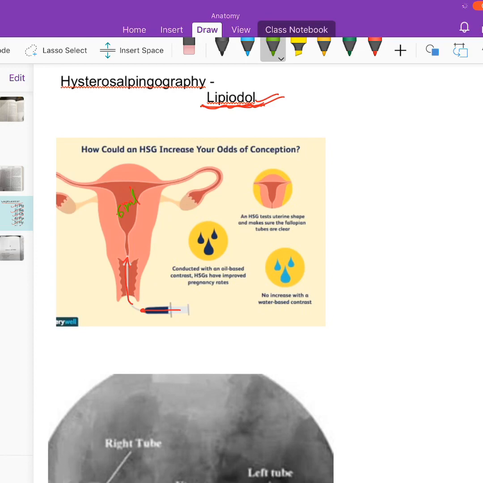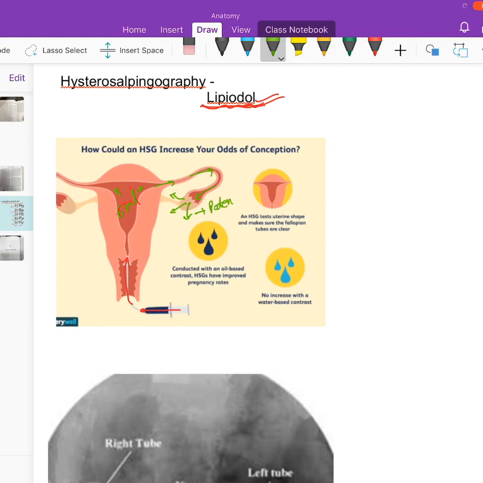This contrast medium first goes to the uterus and after that it goes to the fallopian tube and up to the last portion of the fallopian tube. If there is peritoneal spill of this contrast medium, then it is a sign of patency of the fallopian tube.